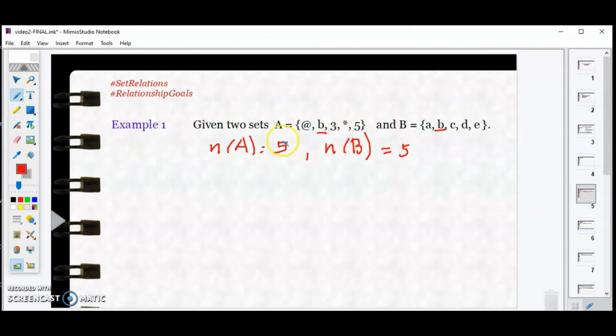Now, even though the elements are not the same, the cardinality of these two sets are the same, so we could simply say that a relationship exists. And that is that the two sets, A and B, are said to be equivalent. They are examples of equivalent sets. And what is the symbol? How do we determine if the sets are equivalent?